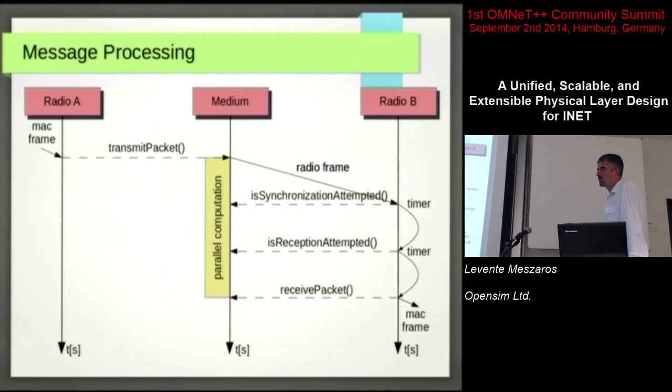But actually, the real reception, of course, happens in the receiver, because it has to be extensible and modular. So you have to be able to replace it. And we also took over the MIXIM model so that the reception happens in multiple phases. It doesn't have to be one single step, so it can further process the same message depending on the level of detail of the accuracy of the model.